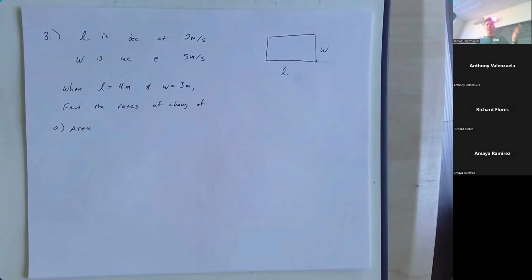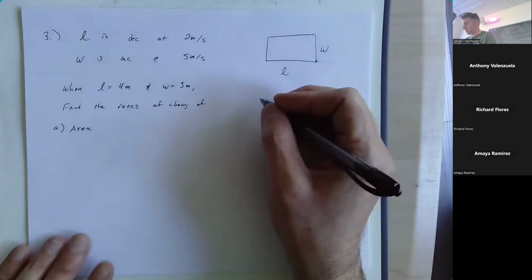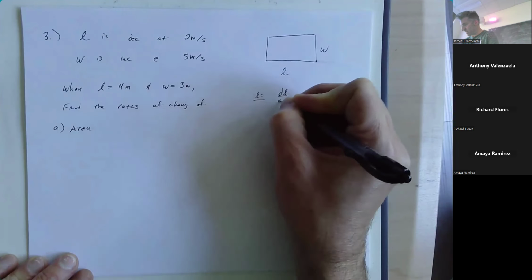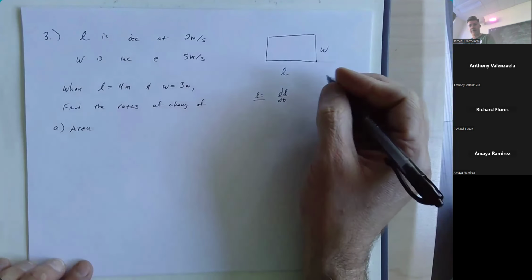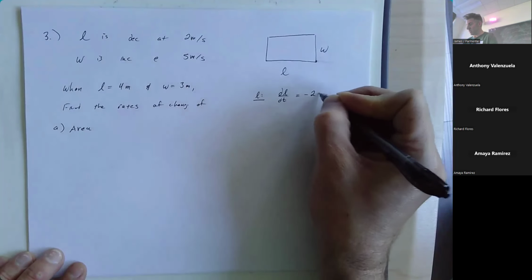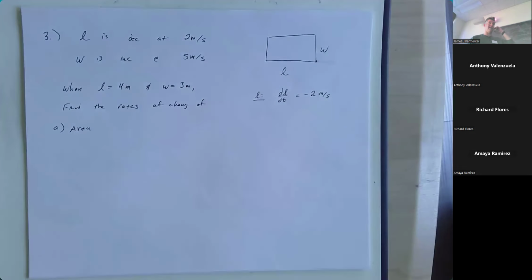So they've already kind of told us what's changing, but I still think it's worth writing down. So the things that are changing, we know that L is changing, dL/dt, the rate of change of length, is negative 2 meters per second because the length is decreasing. Something's getting smaller, its rate of change is negative.